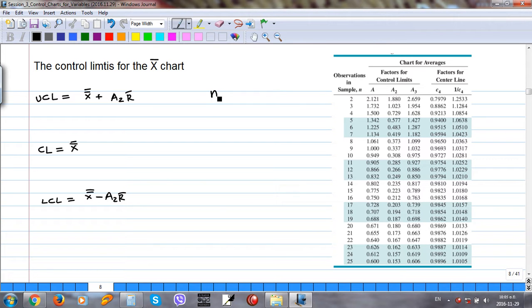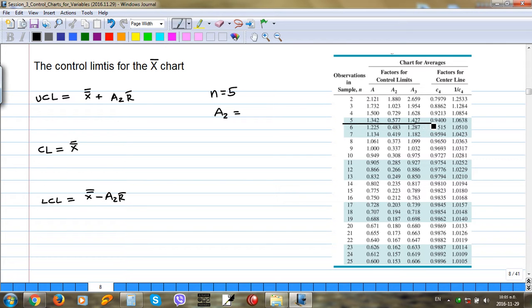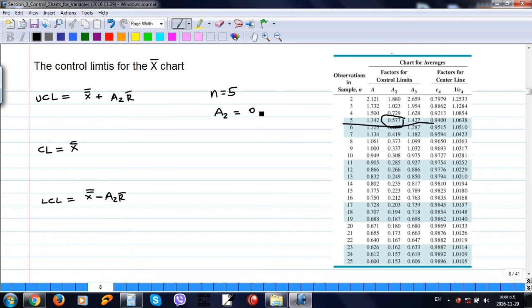Here there are 5 samples, so n equals 5. Then you can find A2 for n equals 5, which is 0.577.